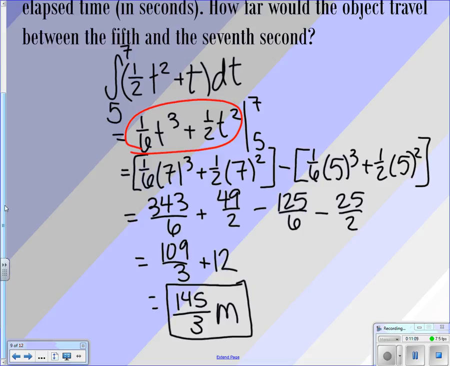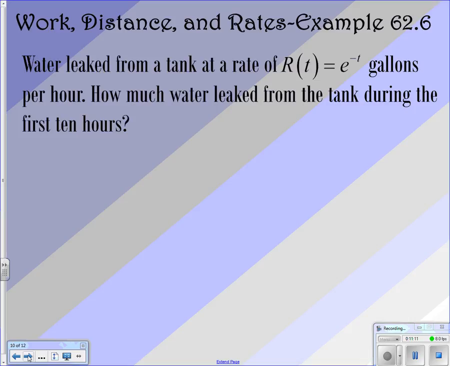Okay, looking at the next example. We have water leaking from a tank at a rate of e to the negative t gallons per hour. How much water leaked during the first 10 hours? Well, we're going to have to integrate. We're going to go from 0 to 10, e to the negative t dt. Now, if we integrate this, it's not just going to be e to the negative t.